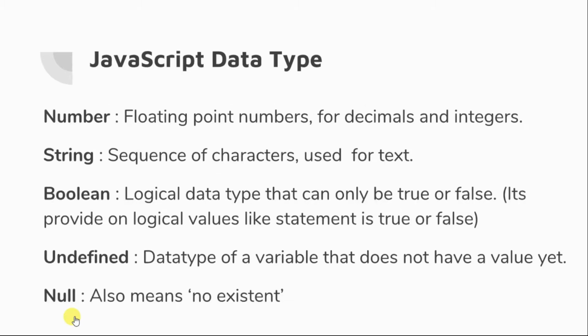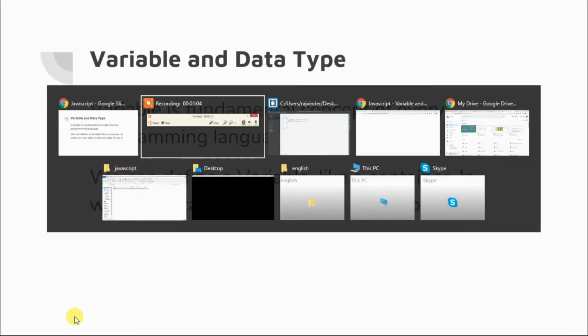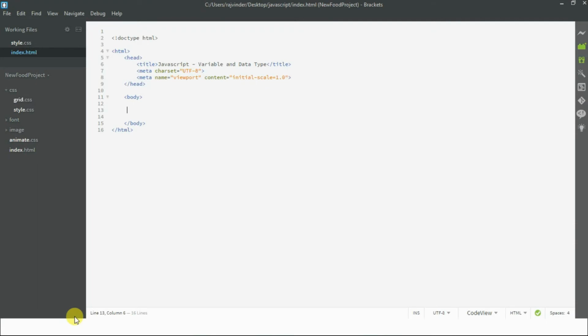Now, first of all, I am introducing you to variables in JavaScript. This is my editor, and I open the HTML file and put the title JavaScript variable and data type.